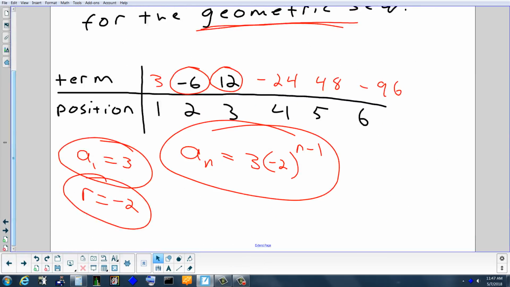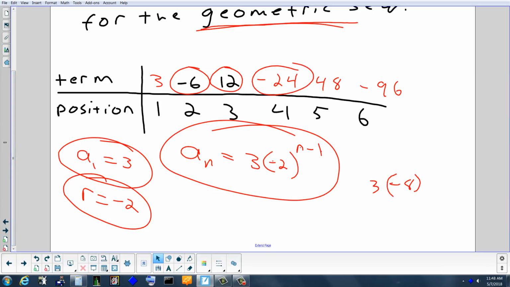So let's plug 4 in for n. What's 4 minus 1? 3. What's negative 2 to the 3rd power? Negative 2 times negative 2 times negative 2. Negative 8. And what's negative 8 times 3? Negative 24. That's exactly what we should have gotten.